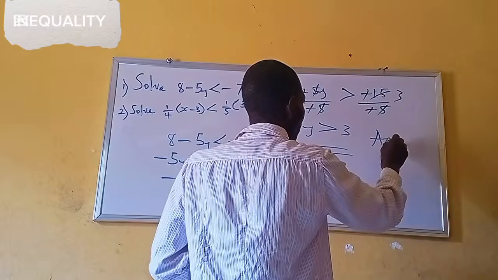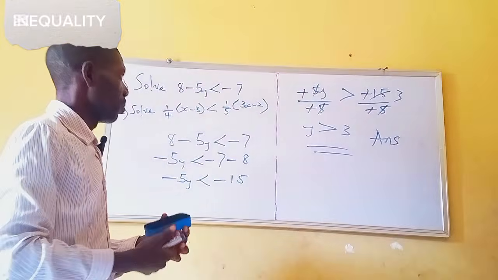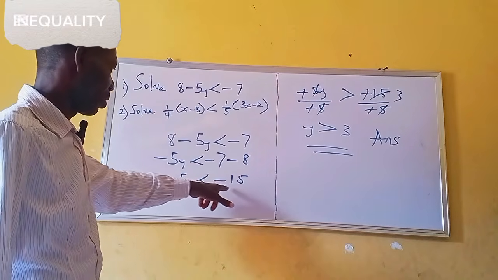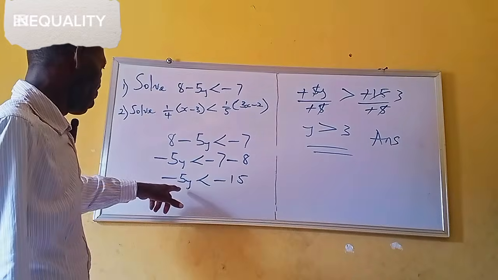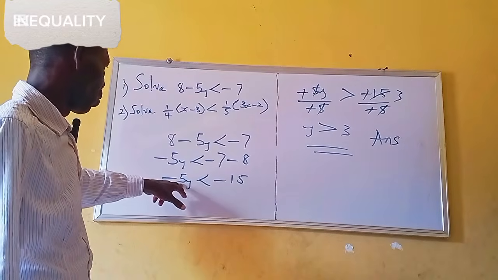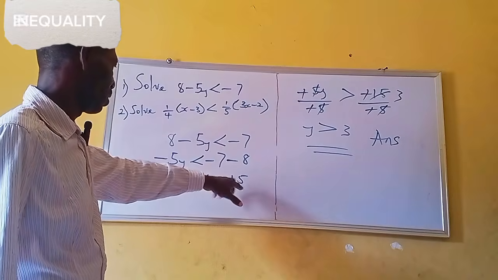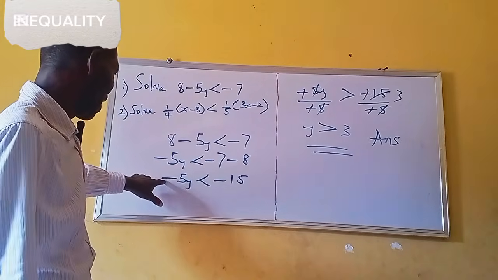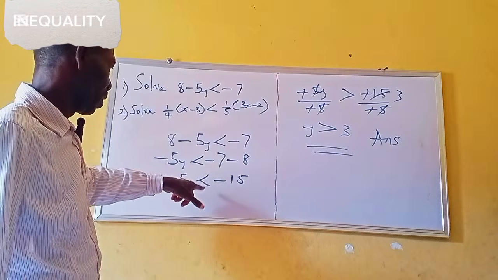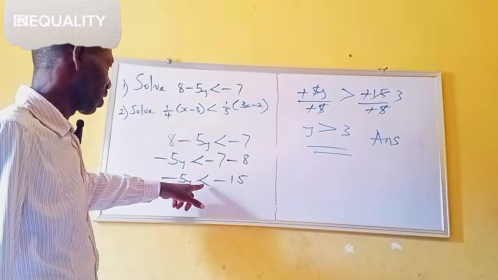Okay, so you'll be amazed that here we have minus 5y less than minus 15. The coefficient of y here is minus 5, so we are dividing this inequality with this negative number. The rule says when you are dividing with a negative number, you flip the inequality sign.